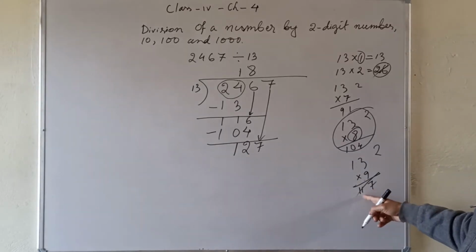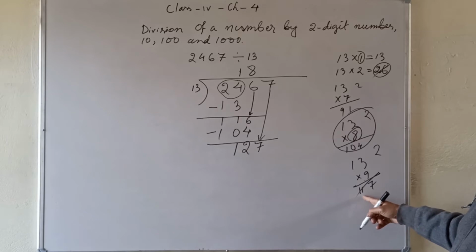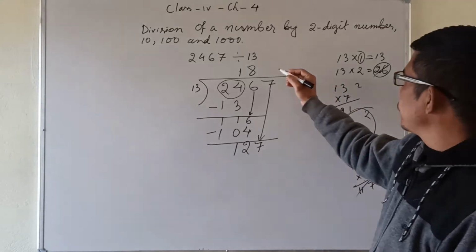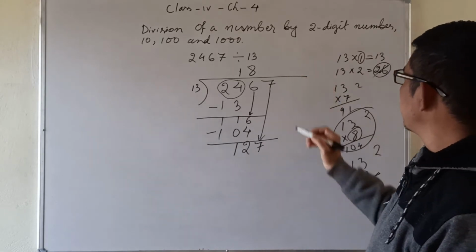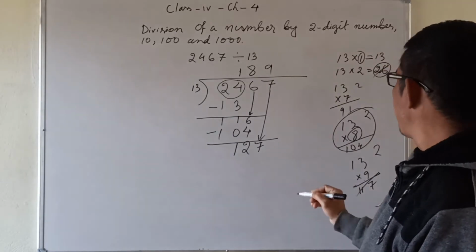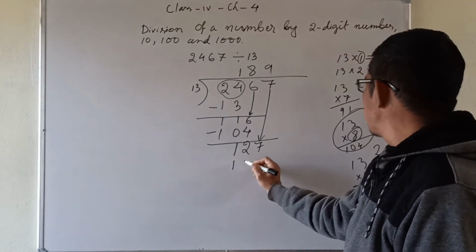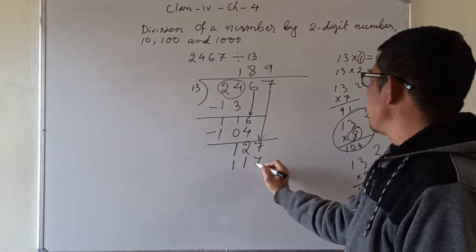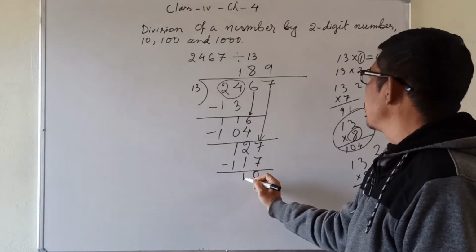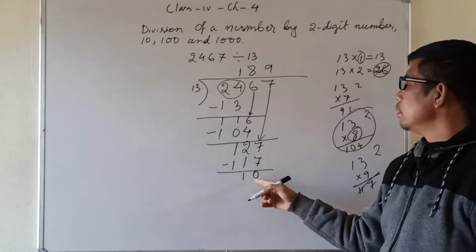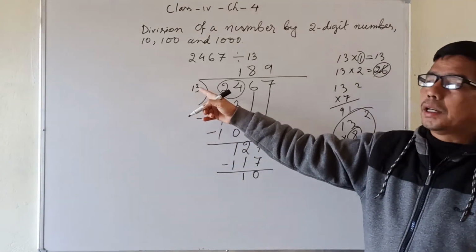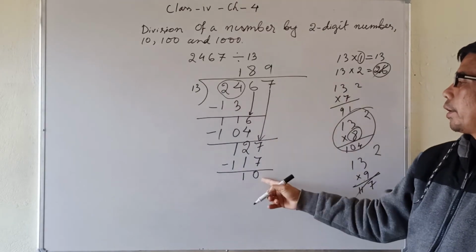So here we have already got 117. So we have to take again 9. 117, subtract, 10. Now the remainder is smaller than the divisor and no digit to bring down here.